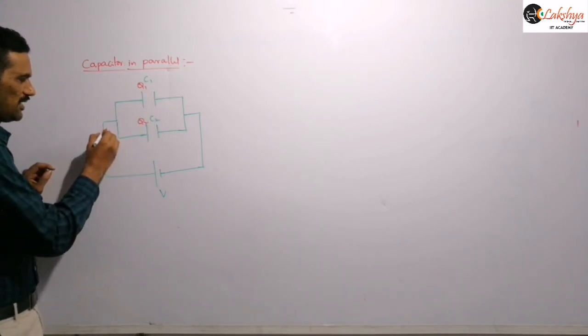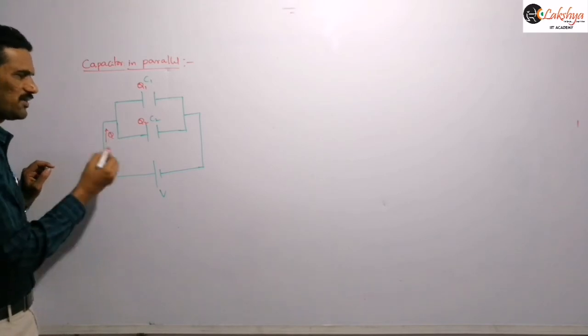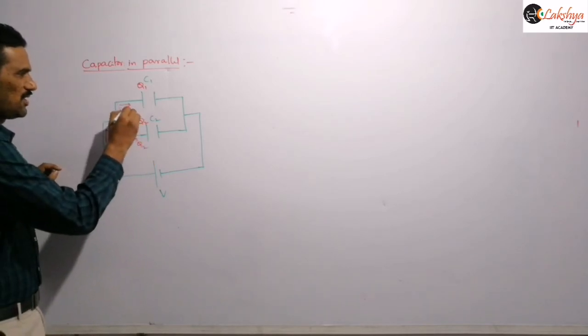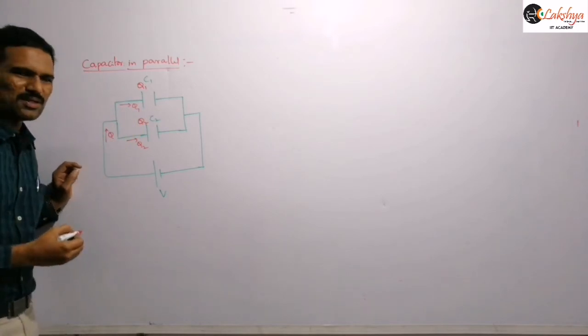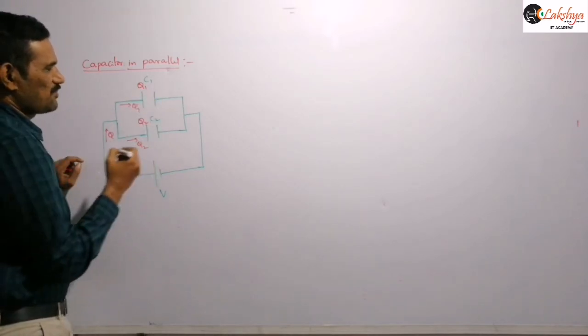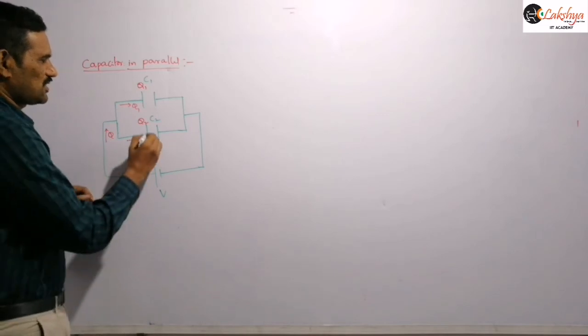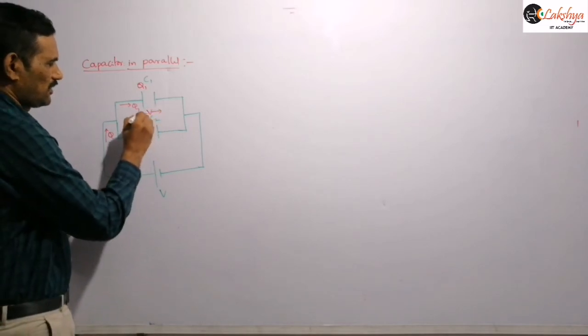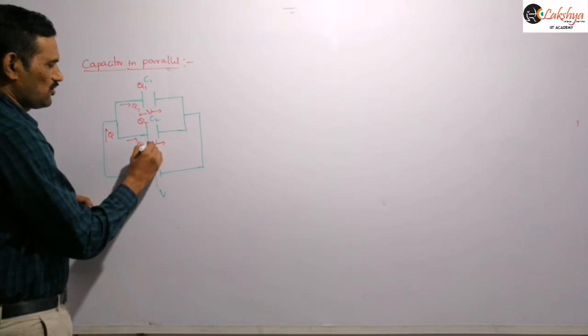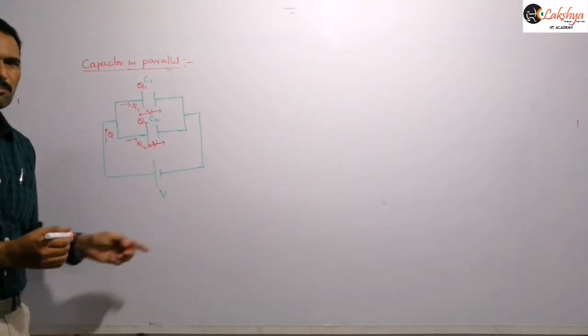So the total charge coming from the cell will be Q. Out of this, Q2 is flowing along this path and Q1 is flowing along this path, right? Next, you may observe the potential difference will be the same across them. The potential difference across each capacitor is again equal to V, because these are in parallel with this cell.